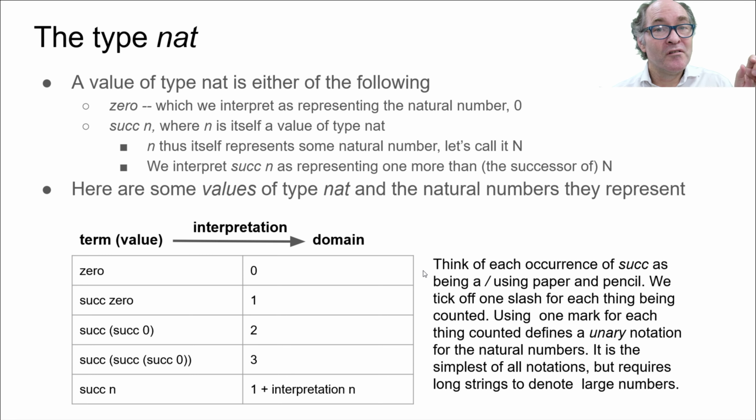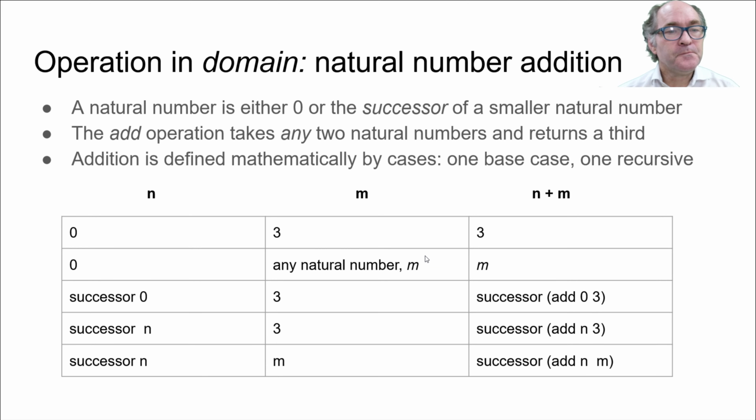What does an operation of addition on objects of type nat have to look like if the result of adding two nats is going to correspond to the result of adding what those two nats actually represent in the domain of natural numbers? So let's think about it. Let's think about it concretely at first, and then we'll think about it a little bit more abstractly and boil it down.